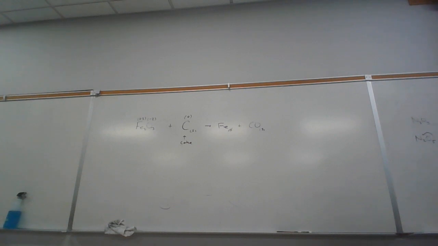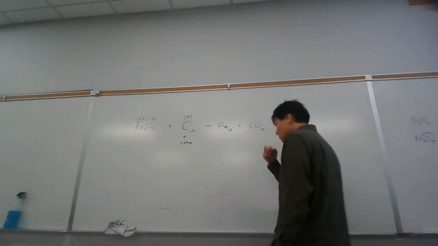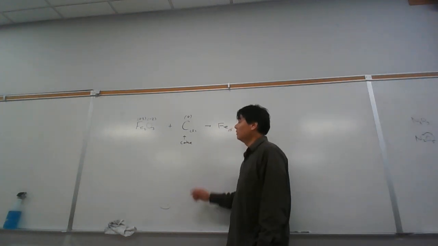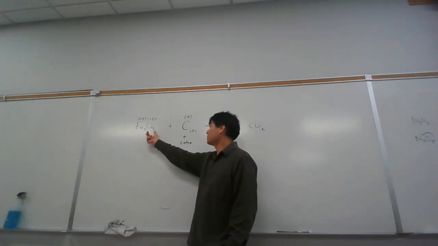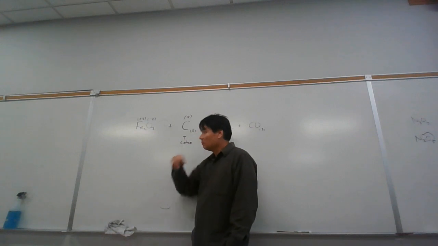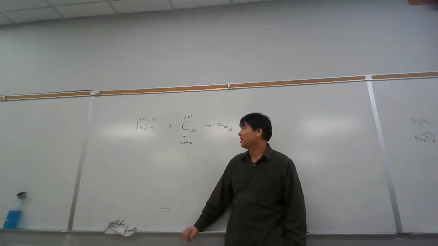They say a sample of ore, okay, iron ore, was treated with carbon. And so in this particular mixture, only one species reacts. And that one species is the iron 3 oxide. You have other types of mixtures, like on the test.